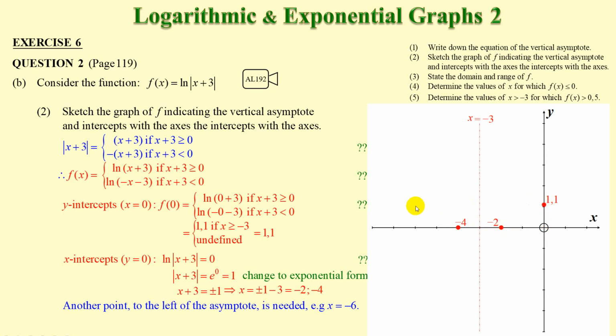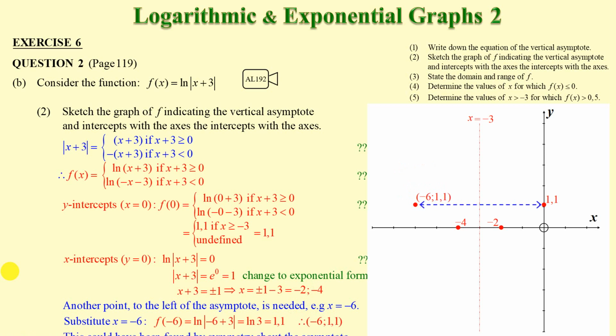Clearly this is going to be 1.1 here. Substituting x equals negative 6, we get 1.1. There we are. And we could have found it by symmetry. I hope this isn't cut off at the bottom here. Notice left, right. Neat, hey? Right, let's go on to the next part. Oh, there, yes, of course, we must draw a graph.